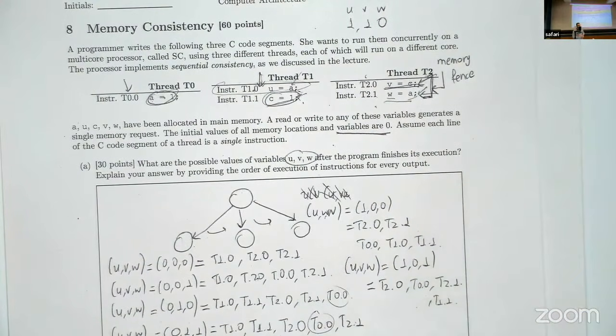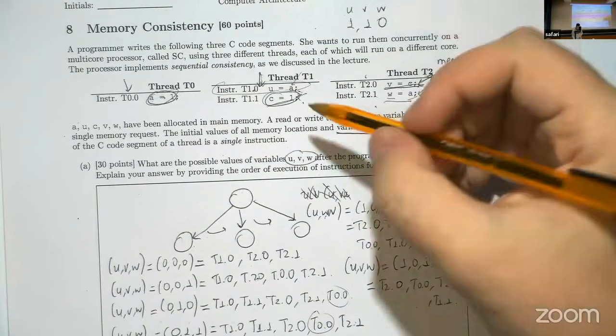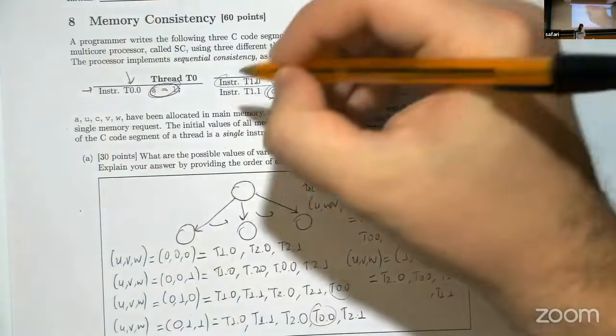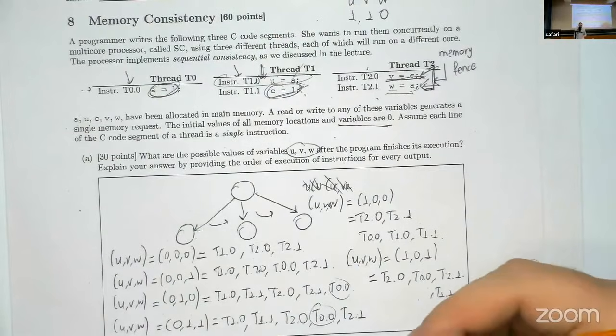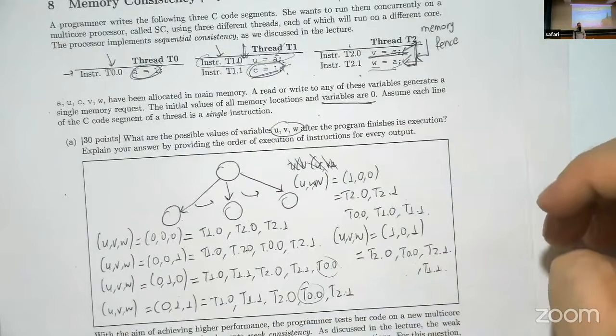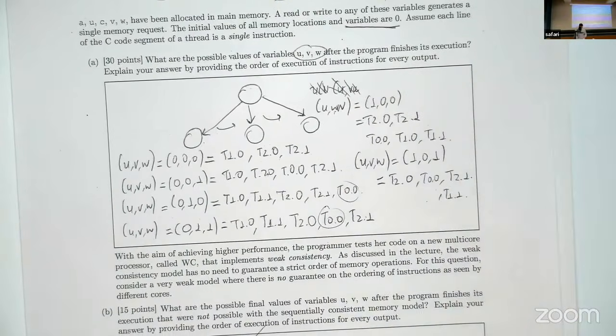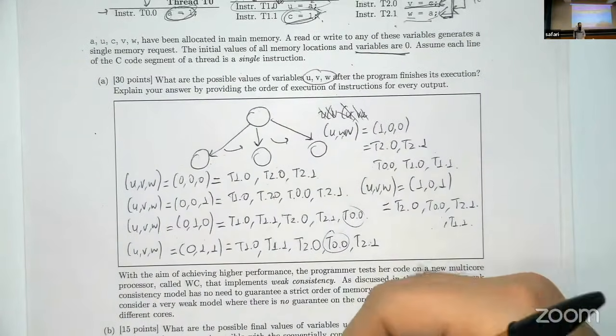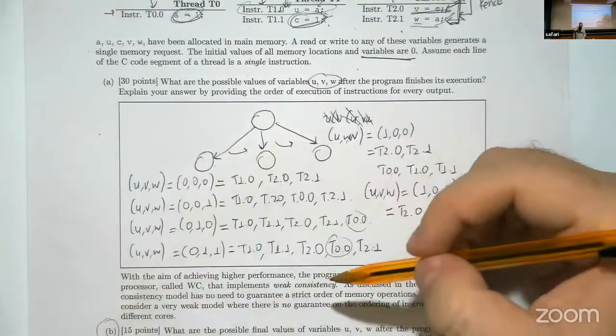So we have V equals 1, W equals 0. And then we need to make the case that U is equal to A. So we execute T00 first, and then U equals A. So we find another way to reach the same example, right? T20, T21, T00, T10. This is another example, which is, okay, optional for this question, right?